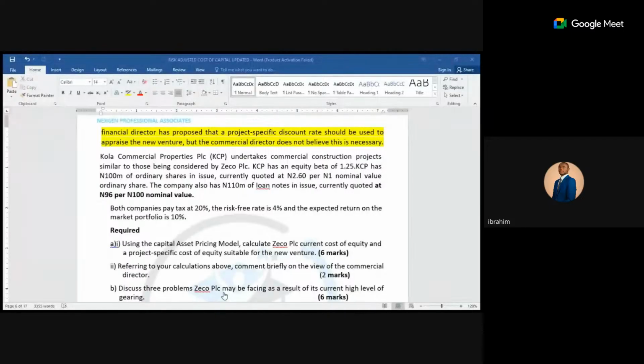If they use 19 point something percent to discount the project and they have a positive NPV, the shareholders will know that this project has been discounted inclusive of business risk. But using only the cost of equity to discount, it will indicate that the investment would have been overstated because it does not include business risk.